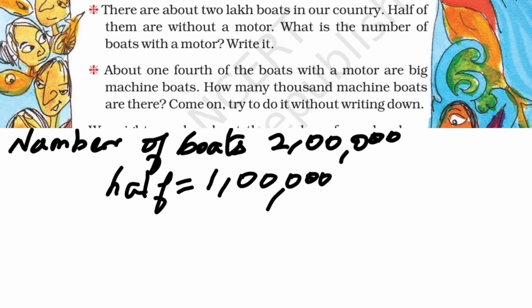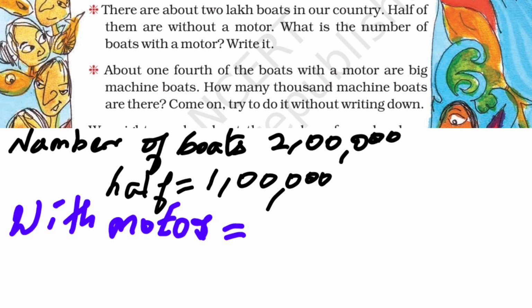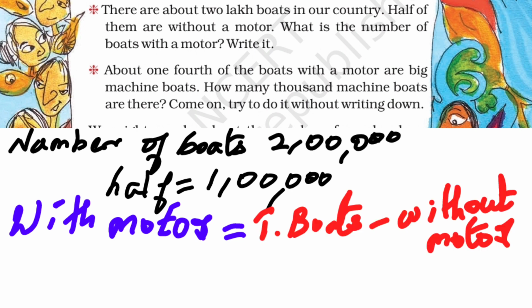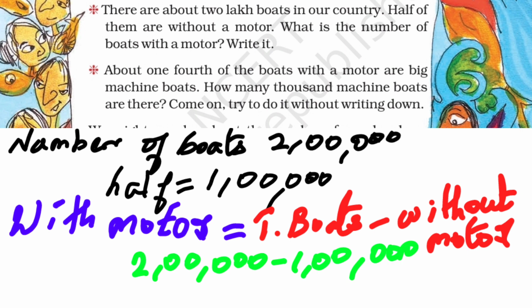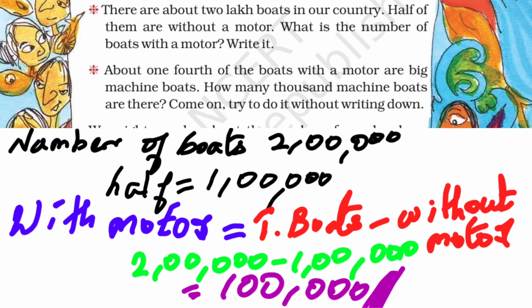Half of them are without a motor, which is 1 lakh. So the number of boats with a motor equals the total number of boats minus the boats without a motor. So 2 lakh minus 1 lakh equals 1 lakh. So the number of boats with a motor is 1 lakh.